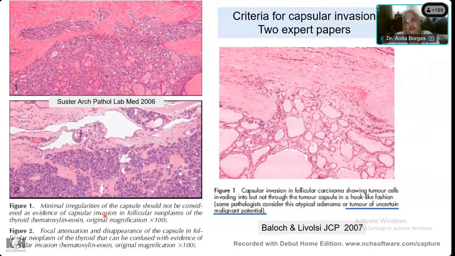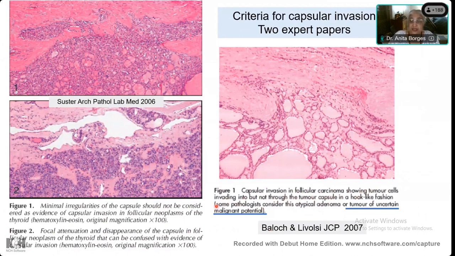Now look at this picture on the right-hand side and the caption, okay? Do you see? It is much less than what has been shown by Schuster in figure number 1. And yet, see what Livolsi and Baloch call it. Capsular invasion in follicular carcinoma showing tumor cells invading into but not through the capsule in a hook-like manner.